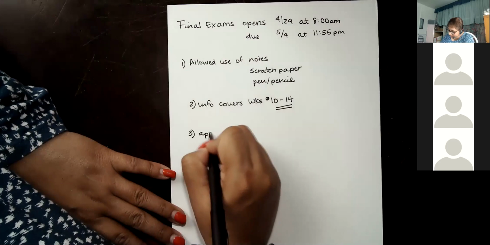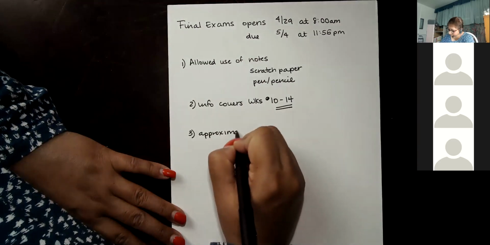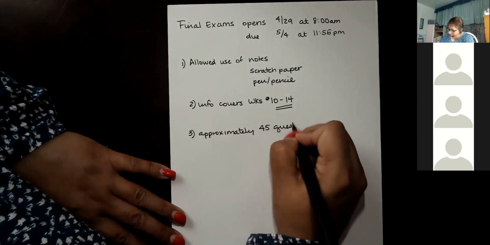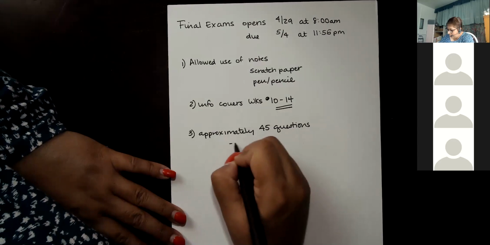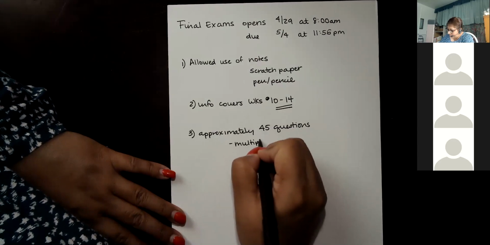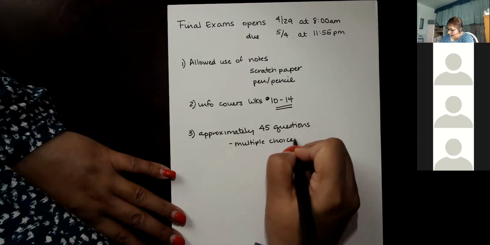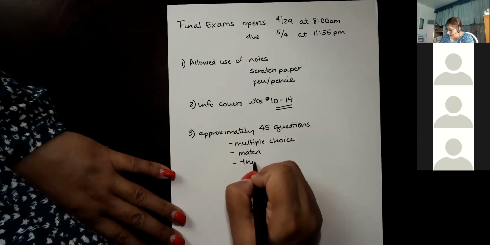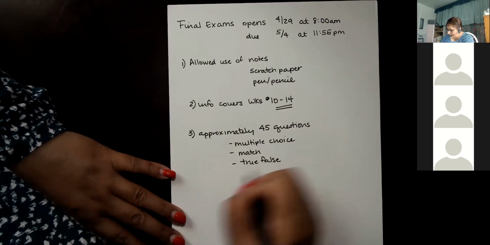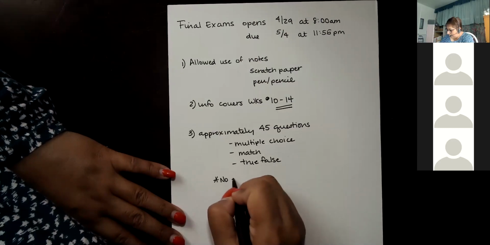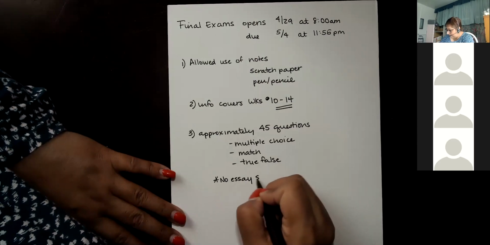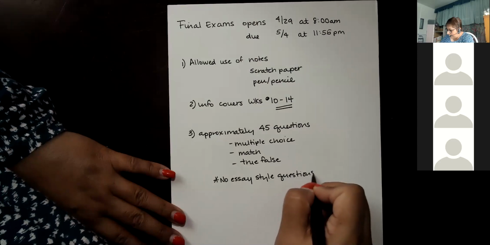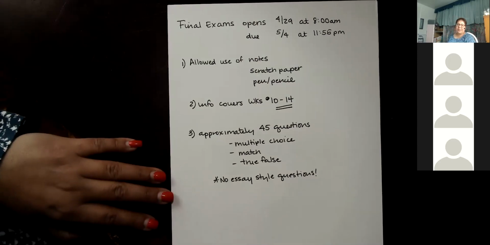It's approximately 45 questions, and they're going to be multiple choice. There's going to be some matching and some true false. There'll be no essay style questions. The time for that is over. No essay style questions.